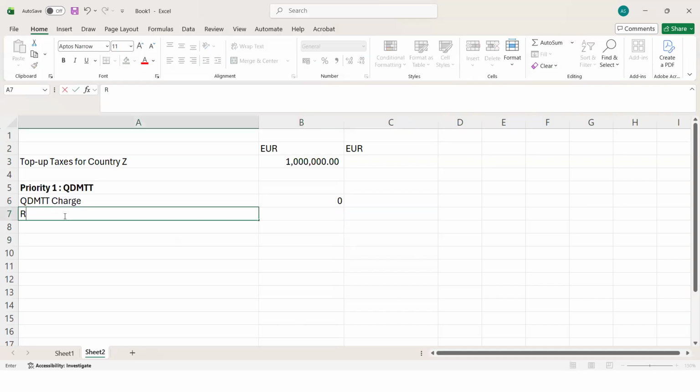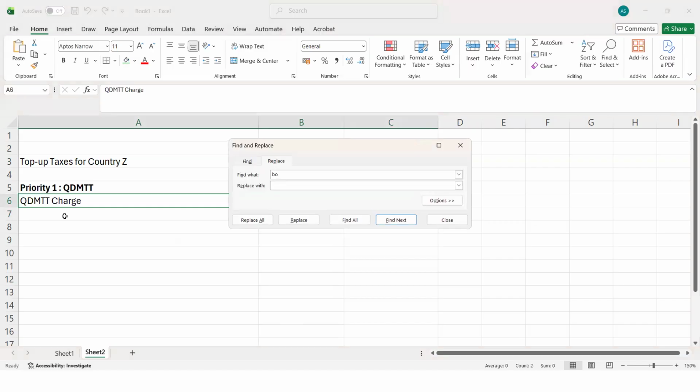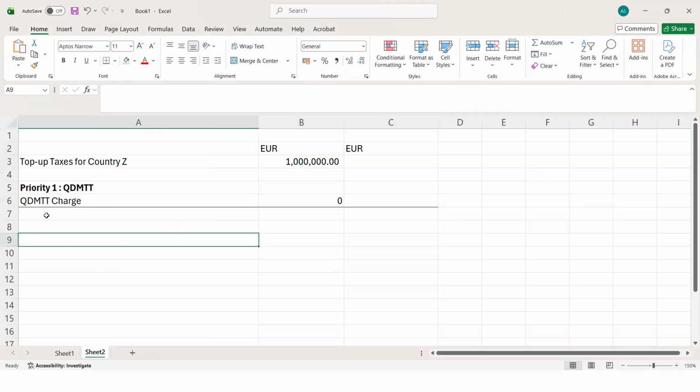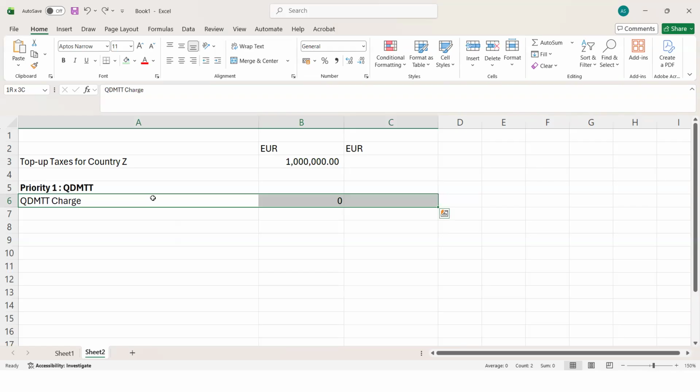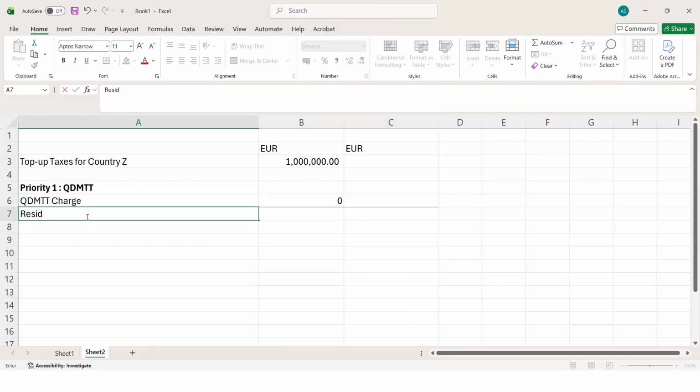And what is the residual tax after QDMTT?